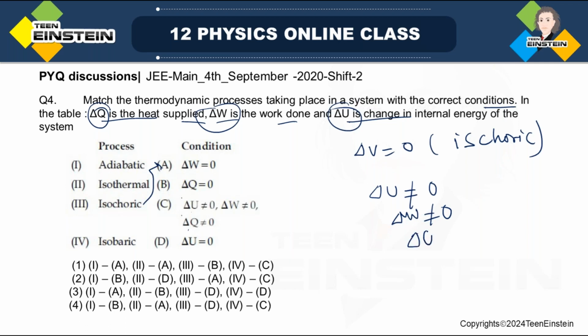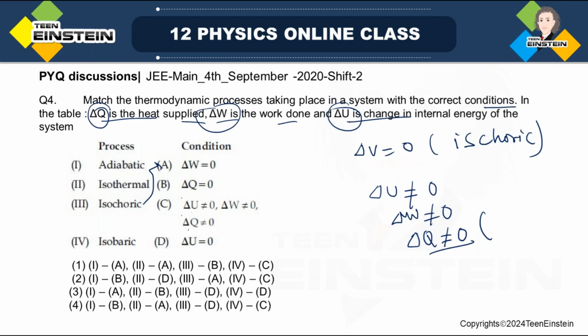But delta Q is not equal to 0? That means there could be heat exchange. But in adiabatic process heat exchange does not occur.